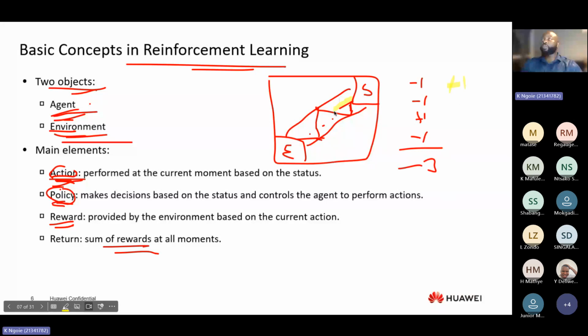Then it goes straight again, it gets another point, and then maybe it goes here, it loses a point, and then it goes there, it gains a point. So the final reward in this case will be +3. And then it's going to restart again.